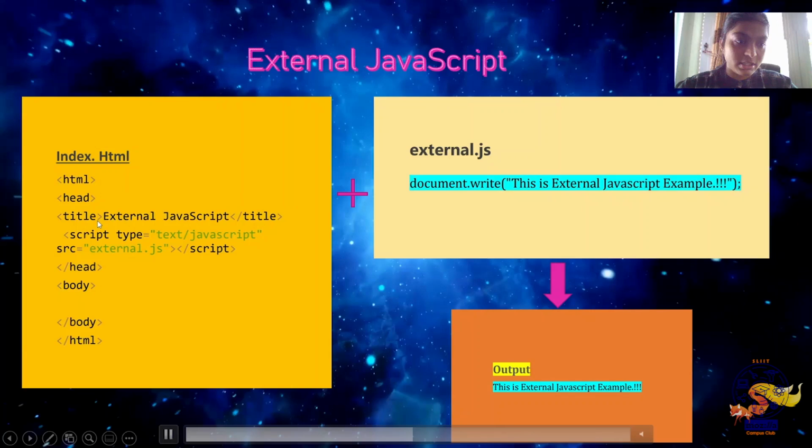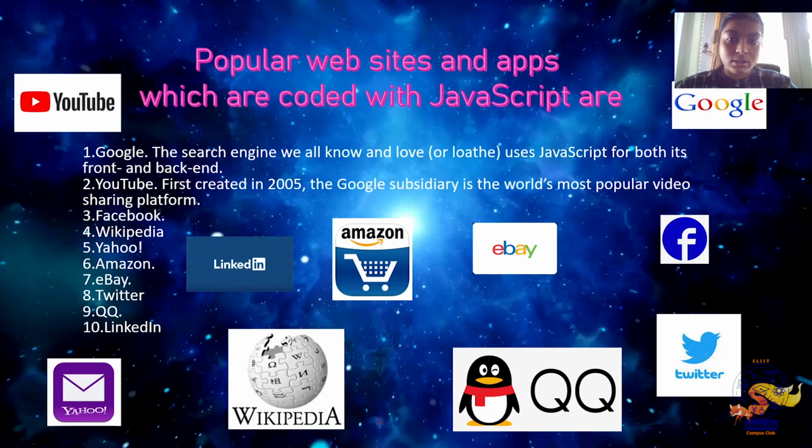So let's discuss popular websites and apps which are coded with JavaScript. Main websites are Google and YouTube, Facebook, Wikipedia, Yahoo, Amazon, eBay, Twitter, QQ, LinkedIn.